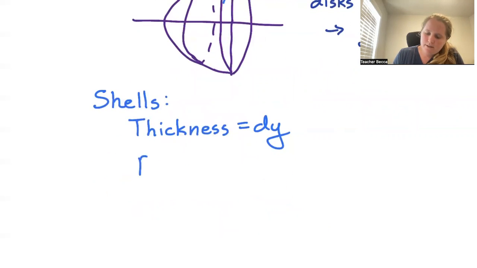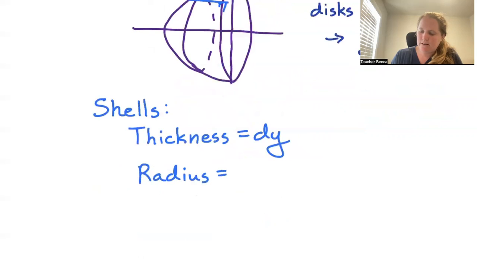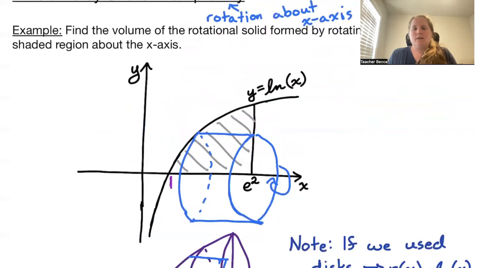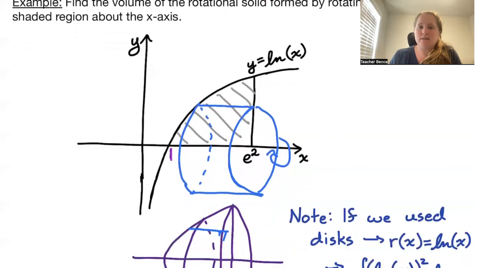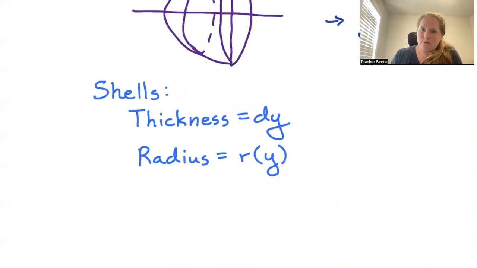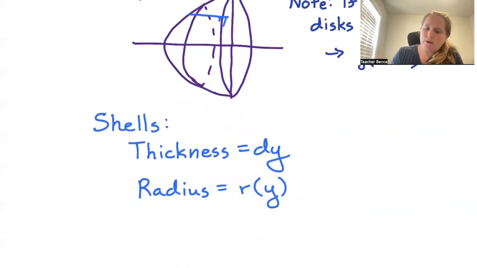For our radius, we will need to rewrite our radius as an r of y. Sorry, our radius runs from the x-axis to our y value.